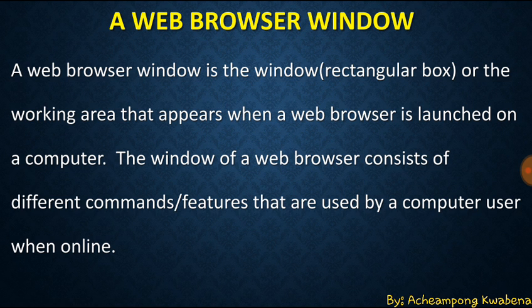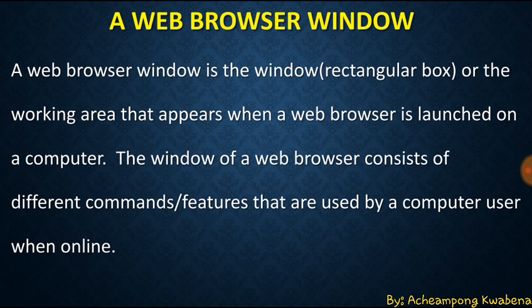Whether it is Internet Explorer, Mozilla Firefox, Google Chrome, UC Browser, or Opera Mini, the rectangular box that appears on the desktop screen is what we refer to as a web browser window. And this window consists of many features or commands that are used when it's connected to the internet by the user.